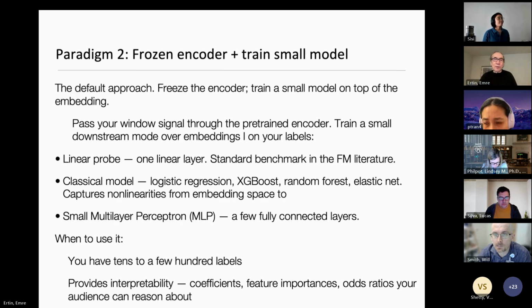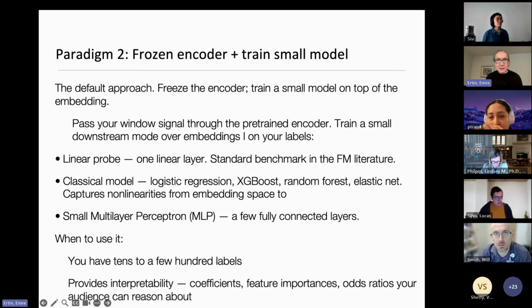I can do a linear probe. I can take a linear combination of those features to map to the particular class that I'm interested in. Maybe, for example, create a linear head for oral health behavior. And I could do one of the classical methods of logistic regression, etc., or any of the others that we know from classical machine learning.